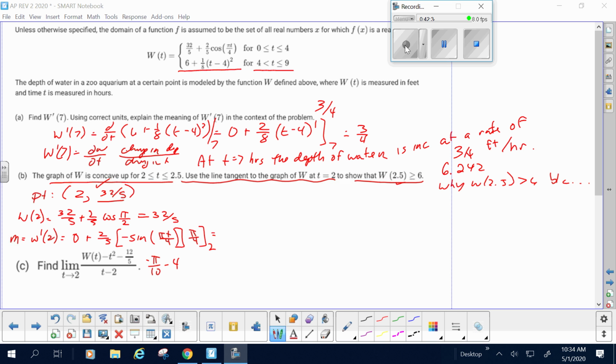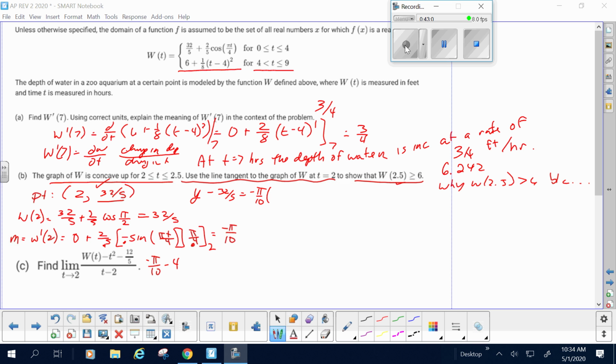So that is, if I put the sine, the 2 fifths, and the pi over 4 together, I get negative pi over 10. And then sine of pi over 2 is 1. All right, so my tangent line is y minus 32 fifths equals negative pi over 10.